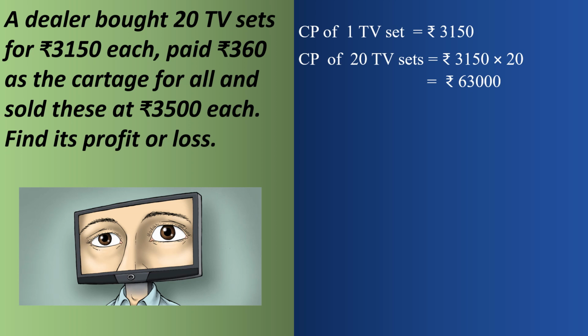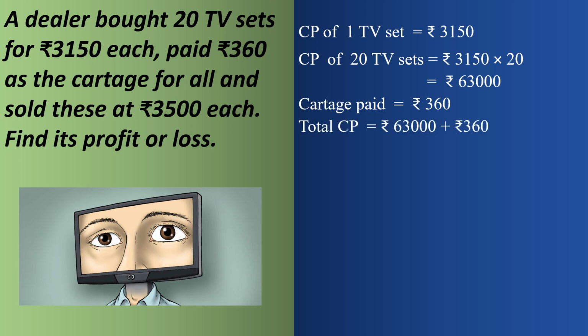Now he paid cartage, that is rupees 360, and sold each in rupees 3500. So cartage paid equals rupees 360 and total cost price will be 63,000 plus 360, that is rupees 63,360. That is the total cost price which we will consider for profit or loss.